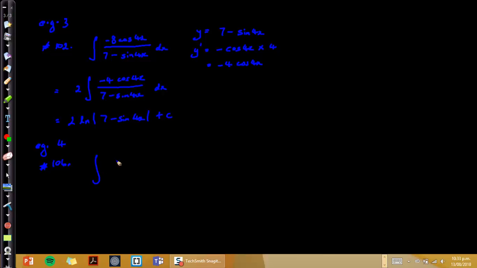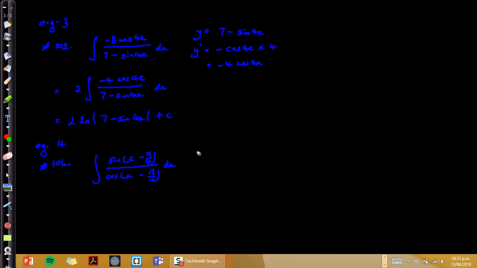This is the integral of sine of x minus pi over 4 over cosine of x minus pi over 4 dx.